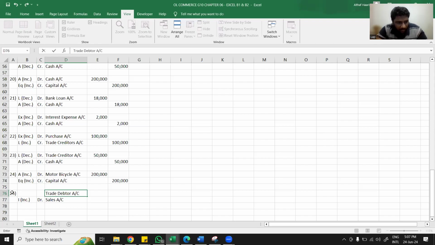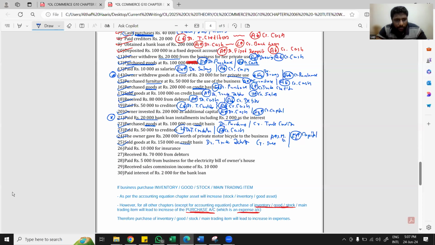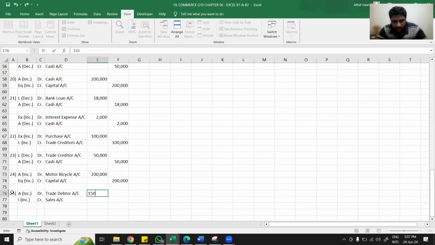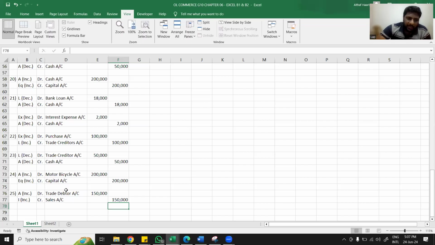Trade debtor account, asset increases, debit. Here it is credit, here it is debit. Value 150,000. Trade debtor debit, sales credit.